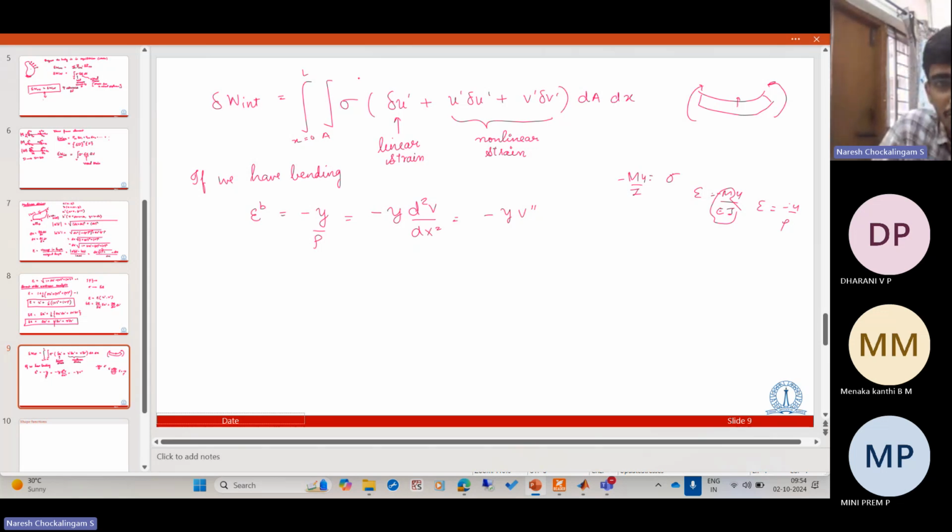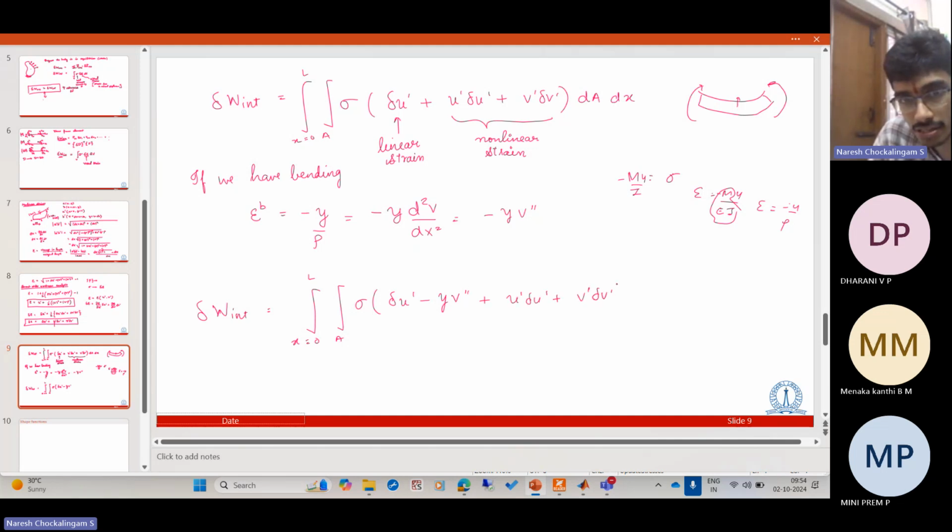So if you have bending, in addition to what we have here, which is contributed from stretching, you will have one more term. So the internal virtual work done will be integral x going from 0 to L over the area sigma, this will have del u prime plus, I will just add this minus y v double dash, plus u dash del u dash plus v dash del v dash dA dx.